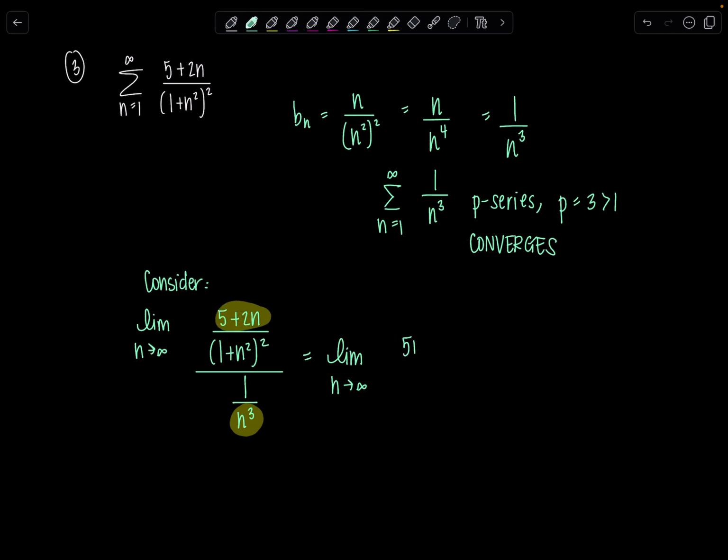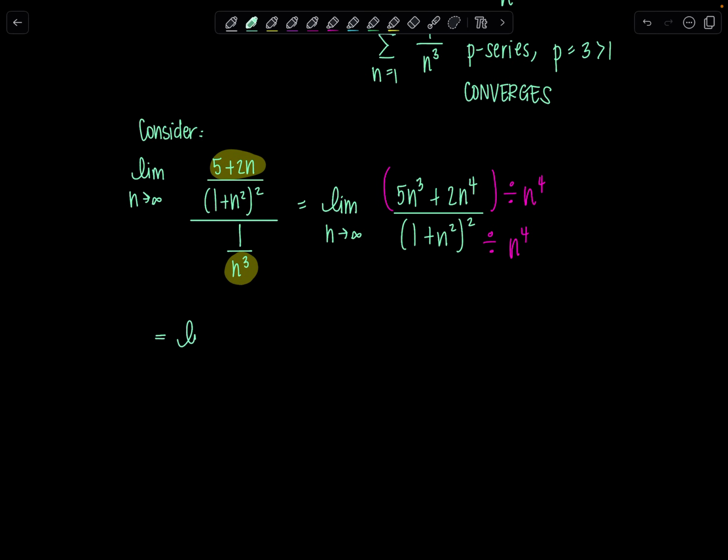Hang tight. 5n cubed plus 2n to the 4th over (1 plus n squared) squared. Okay, beautiful. What's the highest power of n in the denominator? Why, yes, it's n to the 4th because we have n squared squared. So I'm going to divide everybody by n to the 4th.